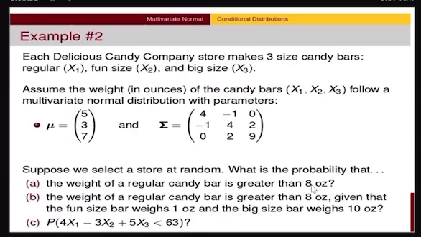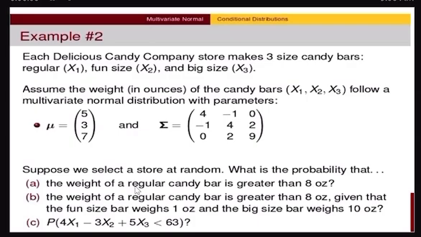If you take a look at question A, we have three different variables, but question A is only focusing on one variable, the regular candy, which is X1. Don't forget, we also have front size and big size.